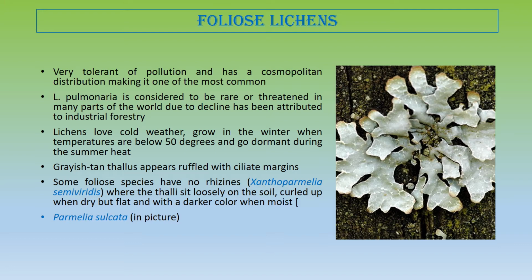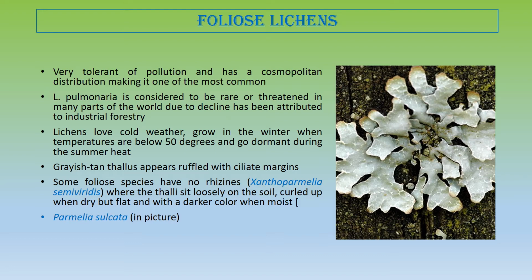This foliose lichen prefers low temperature. Although it can grow in a wide range of temperatures, in cold temperature it retains its vigorous growth, and during the high temperature months it becomes dormant.